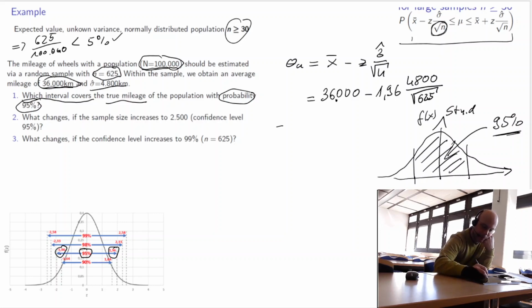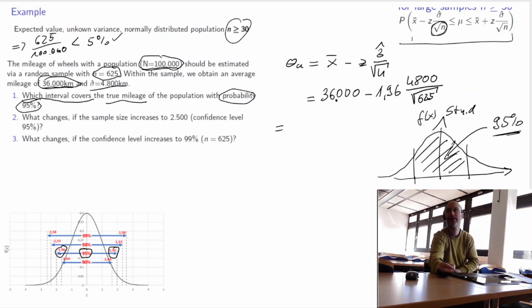And why did I choose 625? Of course, because its square root is just 25.